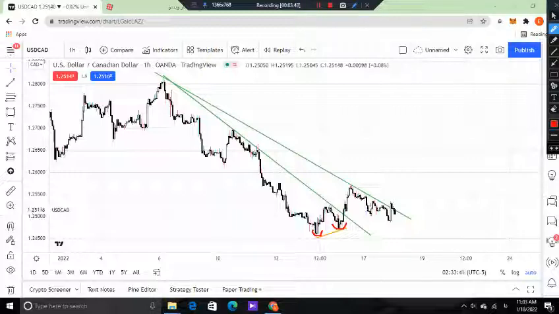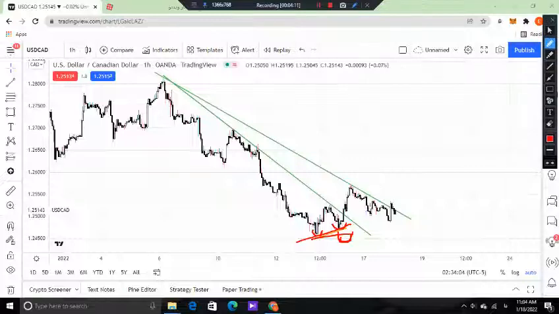In some cases we have a lower low, but still it happens, still we have a breakout. But in a downtrend, if you have a higher low, it's more possible. There is a higher chance that you may see a breakout, and that breakout will succeed.